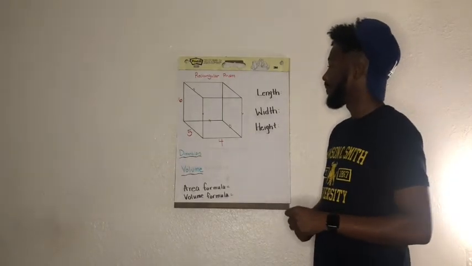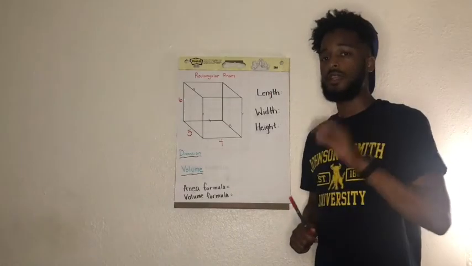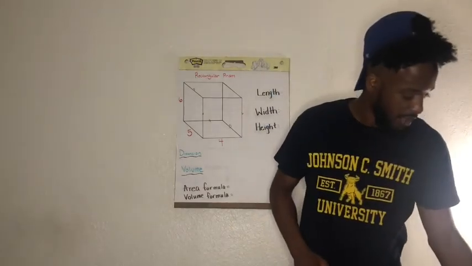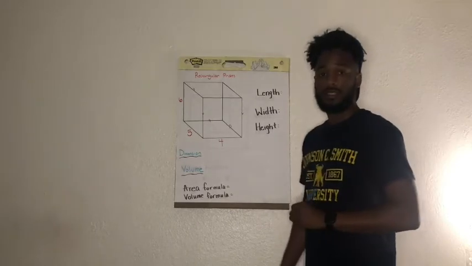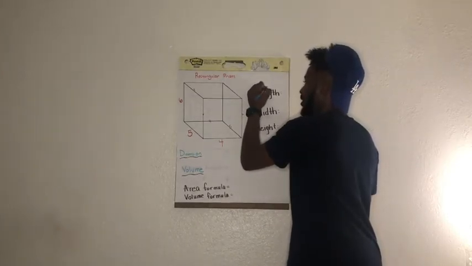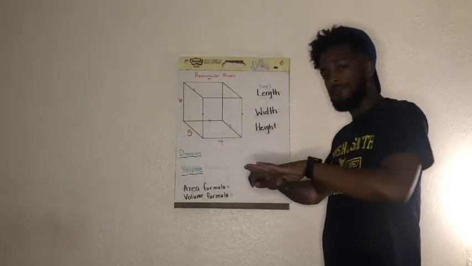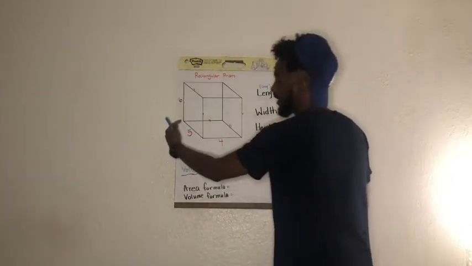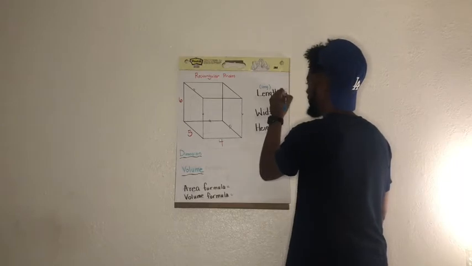The next step, I want to identify the 3 dimensions that make up this rectangular prism, right? So I'm going to choose a different color. Our length tells us how long the figure side is. If I'm looking at a flat surface, I'm going to say the length is 5.